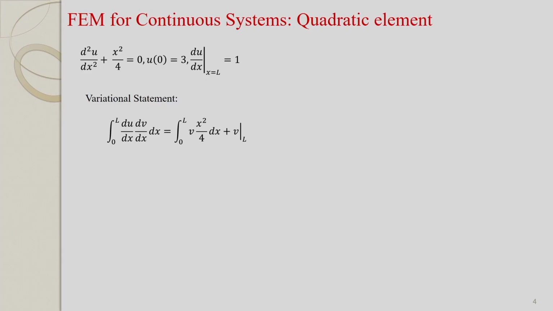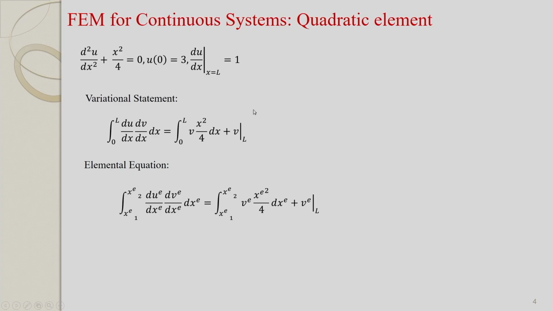The variational statement from this differential equation can be obtained, where again this term is coming because of the Neumann boundary condition at x equal to L. We can write the variational statement in the element between x e1 and x e2, where we use u e, v e and x e, which are those variables in that element.